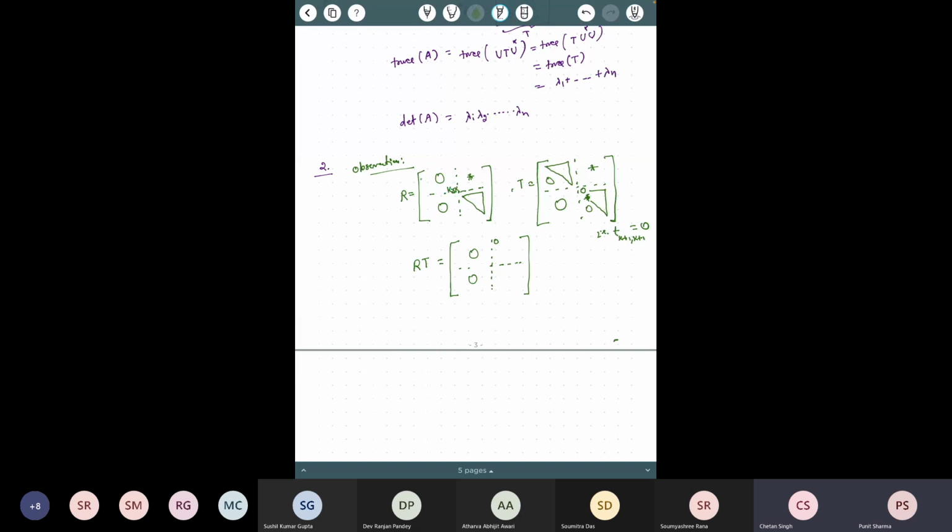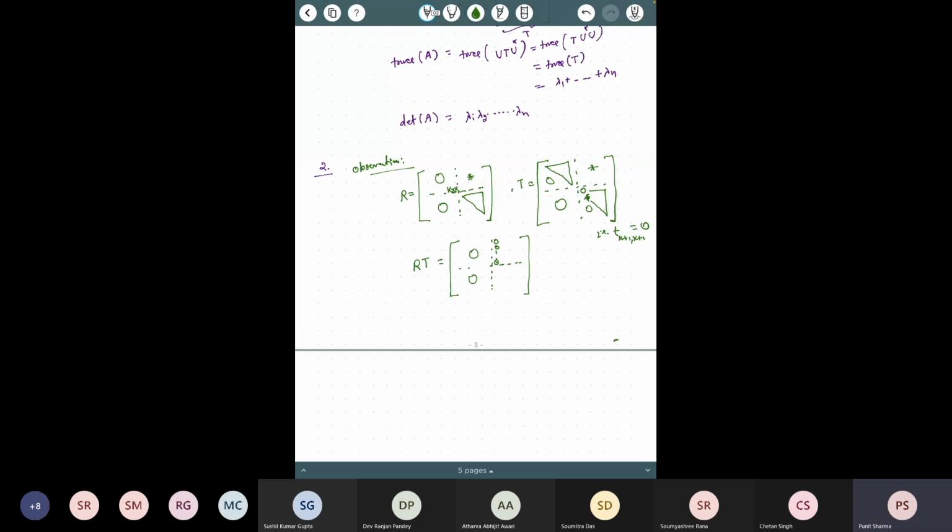So for the second entry in this k plus 1th column, you will multiply the second row with the k plus 1th column here. So what would it be? Again 0. And similarly, you will have k zeros here, the first k entries.